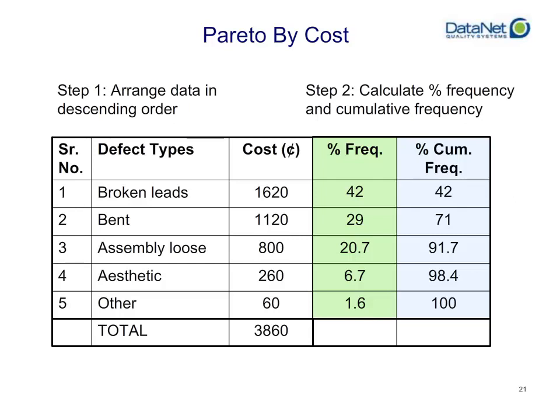Once you have the percentage frequency, you can go back and actually do the cumulative frequency, starting at 42, which is the first value, the one for broken leads. Then you add the 29% that comes from the bent pencils to the 42% of the broken leads. That equals 71. Then you have the loose assemblies. It's going to give you 20.7 plus 71 from the previous summation.